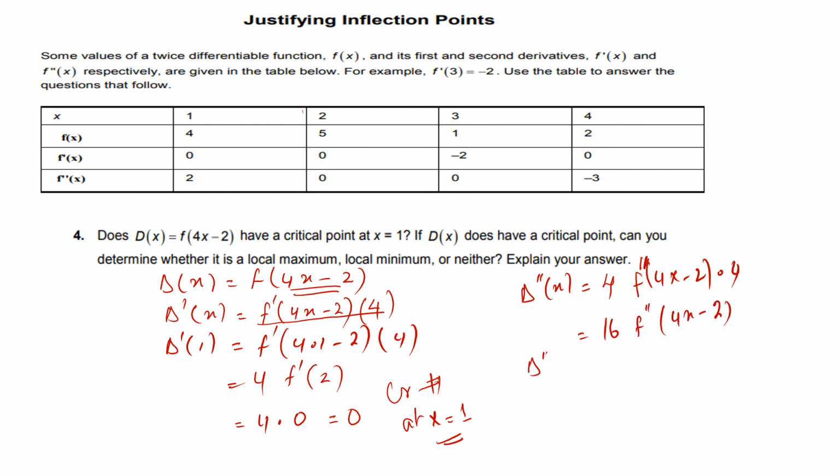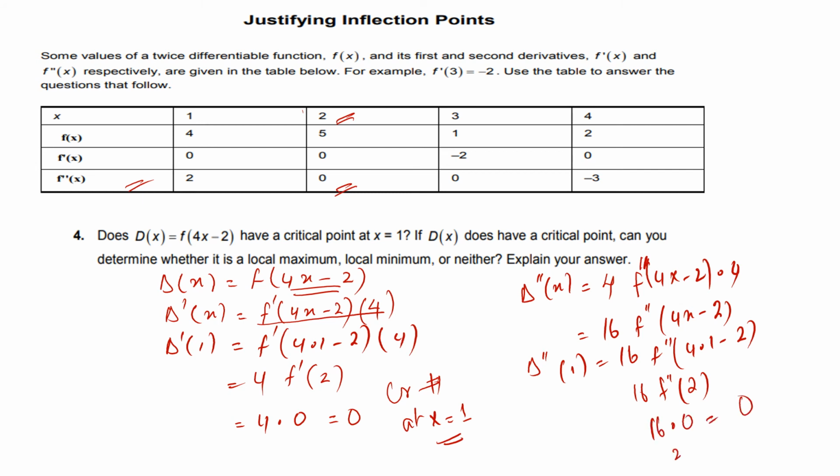Now replace x equals 1. So we will get 16 f double prime of 4 times 1 minus 2, which gives us 2, so f double prime of 2. Here f double prime of 2 is equal to 0, which gives you 16 times 0 is 0.